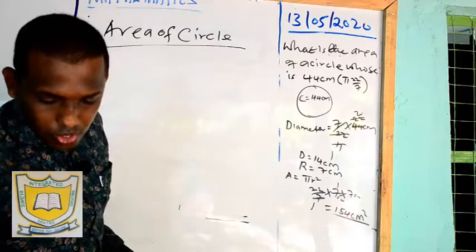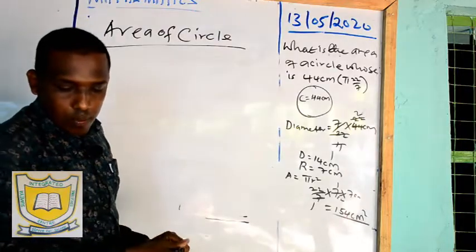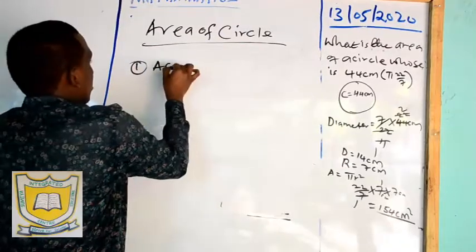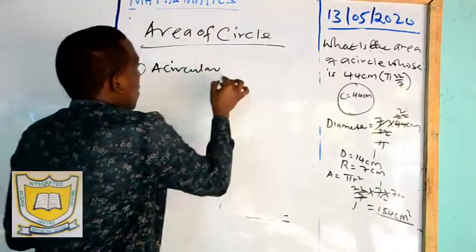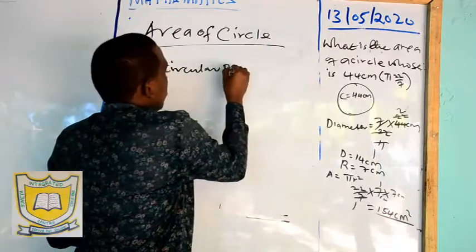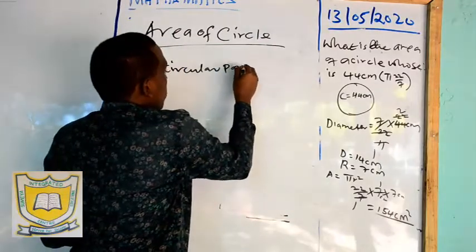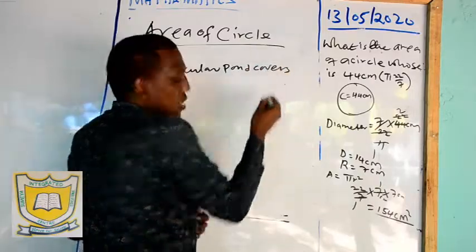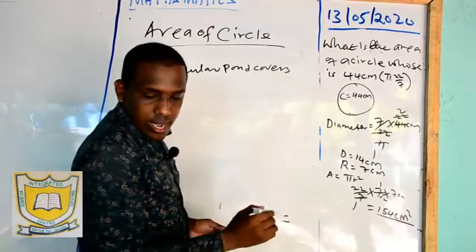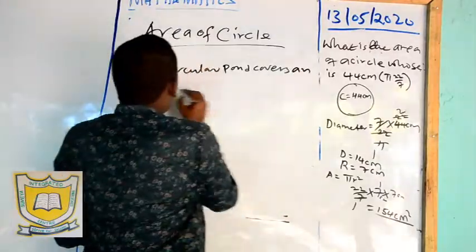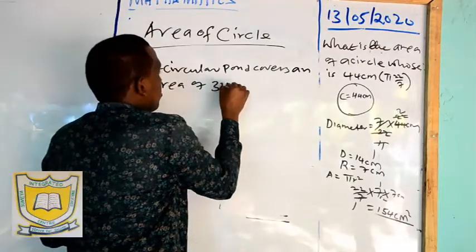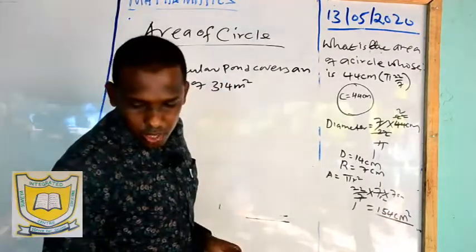Now there's another question here. You are told a circular pond covers an area of 314 meters squared.